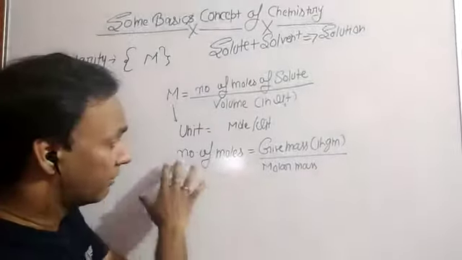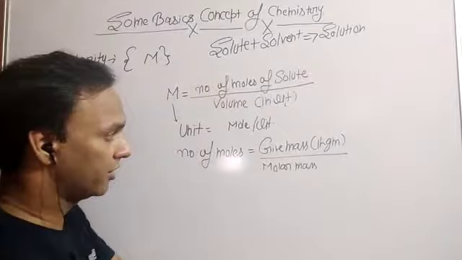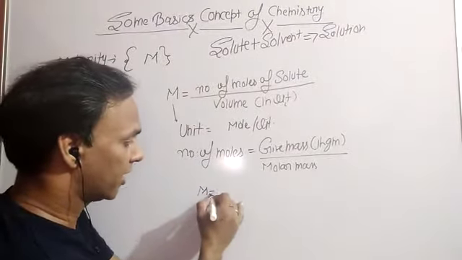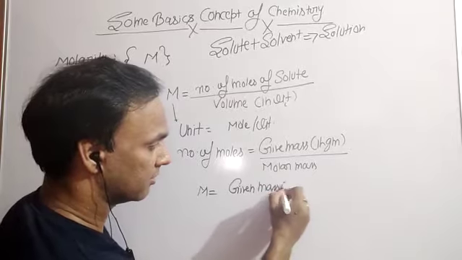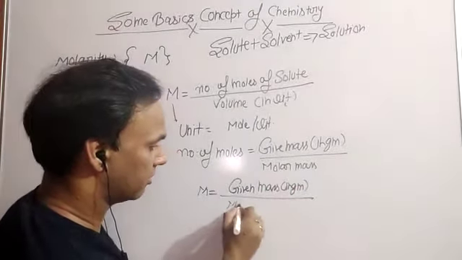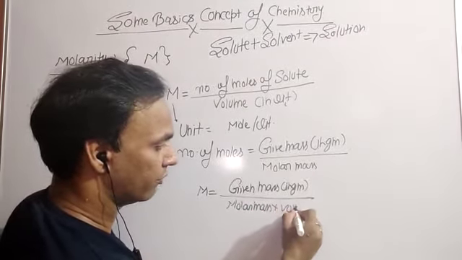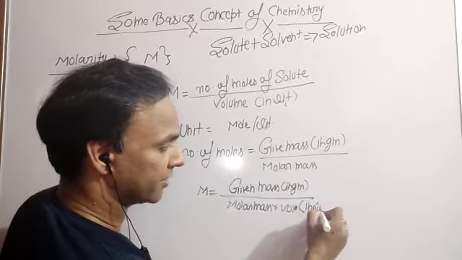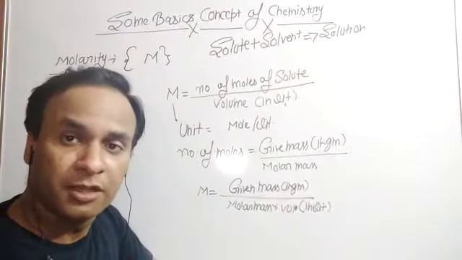Clear? When we put this value over here, we get the formula: molarity is equal to given mass in gram upon molar mass into volume expressed in liters. This is about molarity.